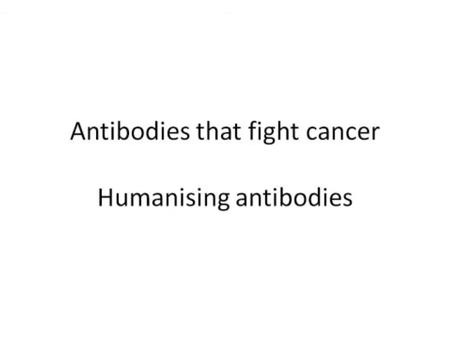Now, as we've already discussed, if we put a mouse antibody into a goat, it will produce anti-mouse antibodies. So if you put a mouse antibody into a human, even if it's to fight cancer, the human body will react against it and produce antibodies against that antibody. So what you can do is humanize antibodies.